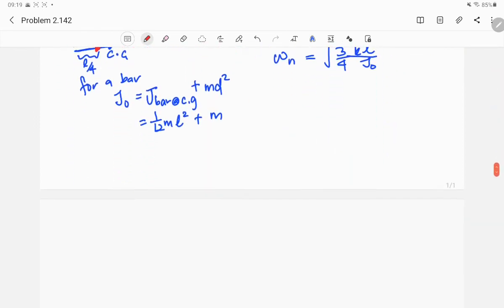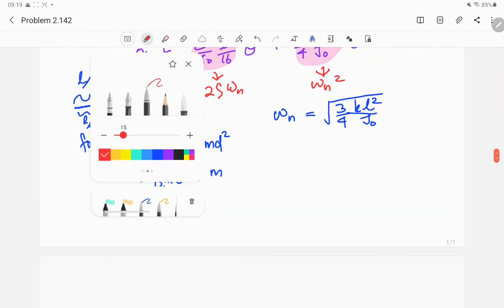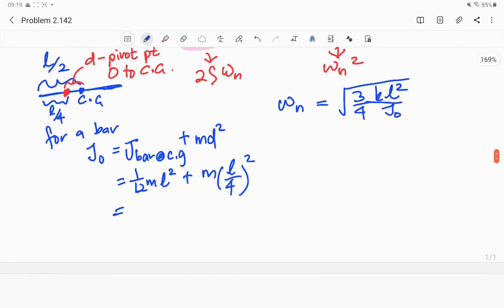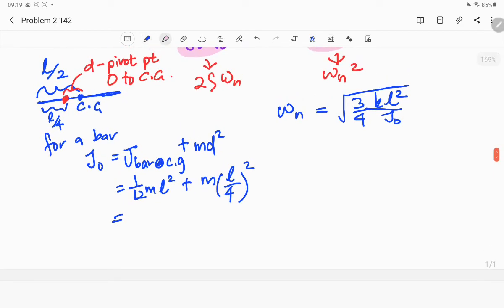Alright, so we do the same thing here. So your d is L over 4 square. So you need to solve for your J naught to get your omega n. We give you all these equations, but J bar is quite standard. J bar is at the center of gravity. How do you get this equation? If you remember last time, for the moment of inertia at other than the center of gravity, you have to use this equation.